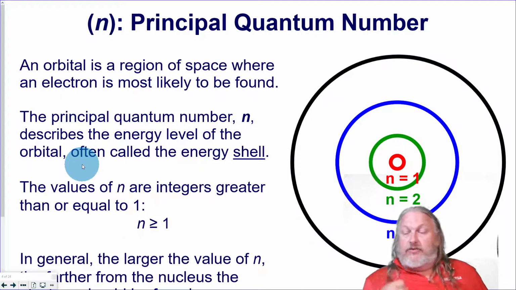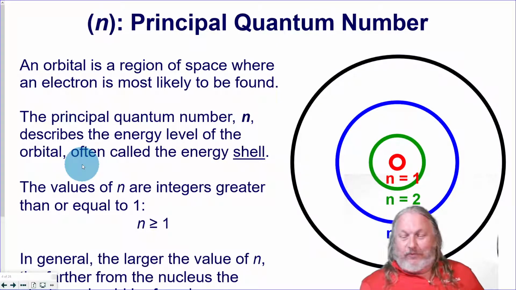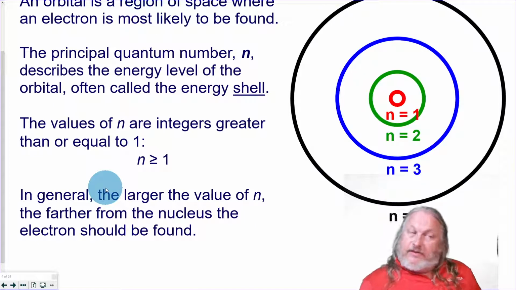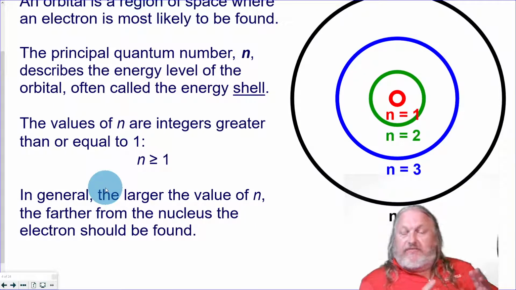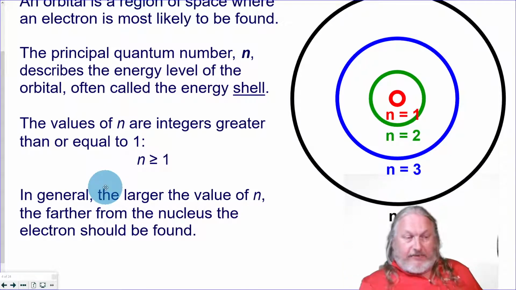The values of N are integers greater than or equal to 1. So it's 1, 2, 3, 4, 5, not 1.5, not 2.5, not pi. Now, the larger the value of n, the further from the nucleus the electron should usually be found.